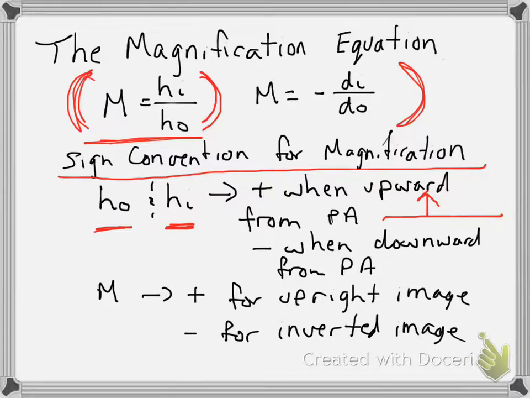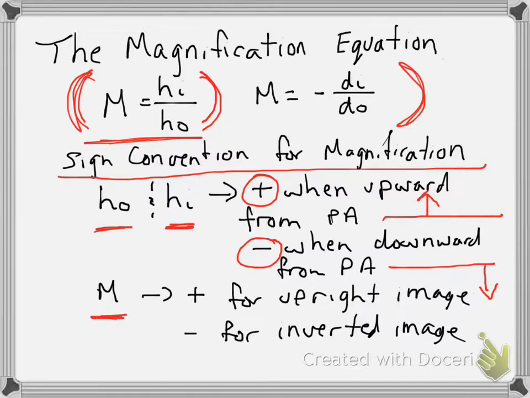When they are downward, so when the image is inverted or down from the principal axis, then it is negative. Slight differences, but they make huge differences in your calculation. So you need to know when an object is upwards and when it's downwards, and make sure you include that with the information you're given in your question.